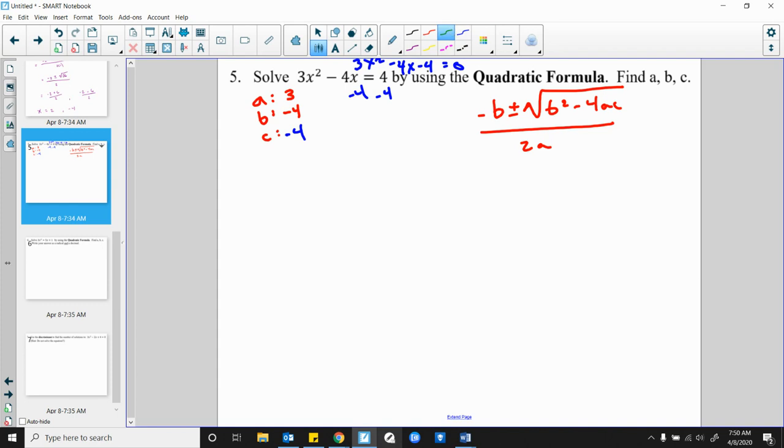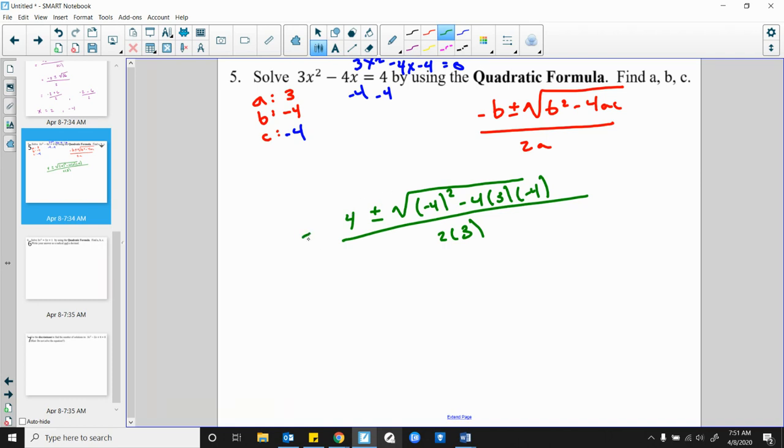Okay. From here, it all gets plugged in. I have negative 4, so that's just going to become 4 plus or minus the square root of b squared. So I'm going to have negative 4 squared minus 4 times 3 times negative 4, all over 2 times 3.